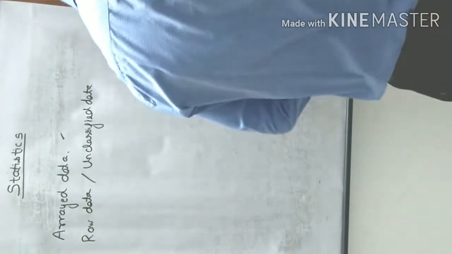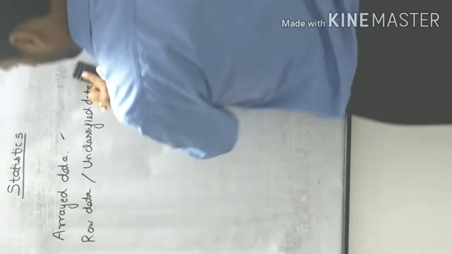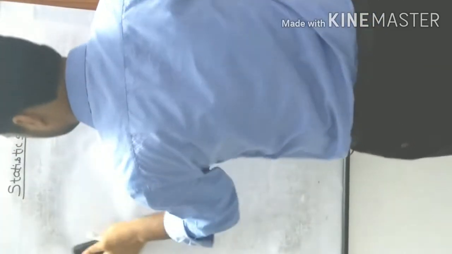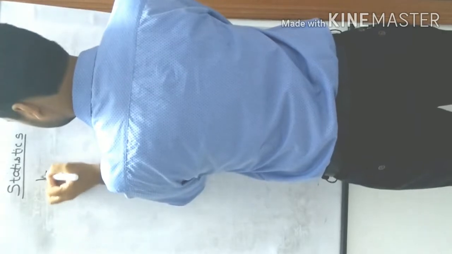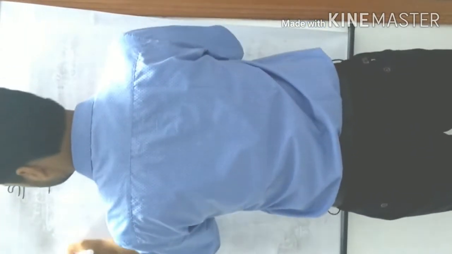So if I'm taking a question now, Exercise 1A. Question number 1 says, the marks obtained by 25 students in a test are as follows. Represent this as arrayed data and construct a frequency distribution table.